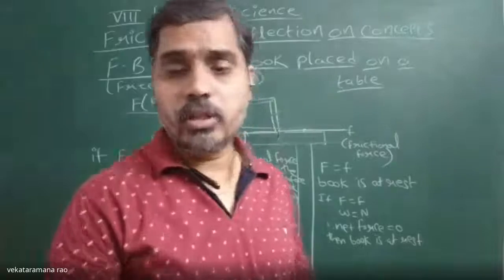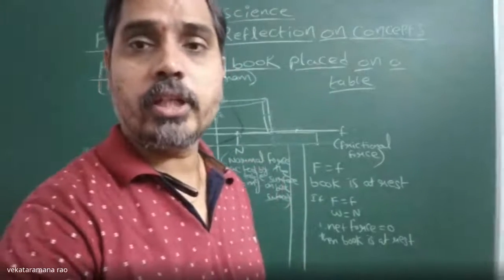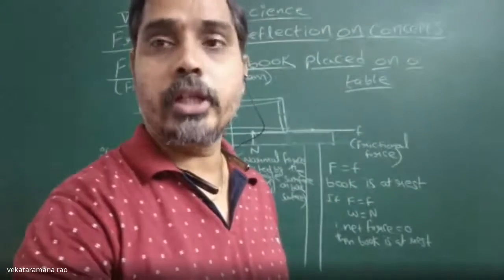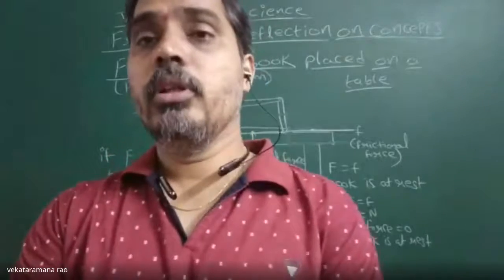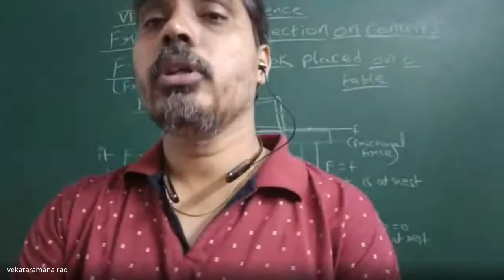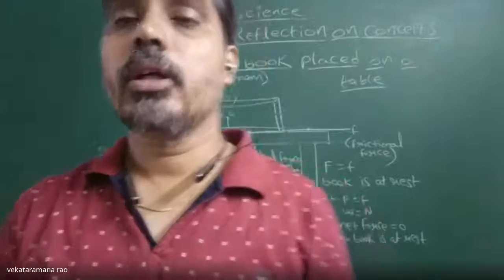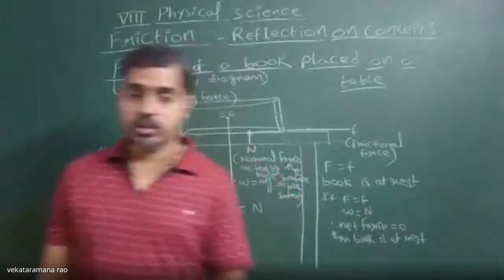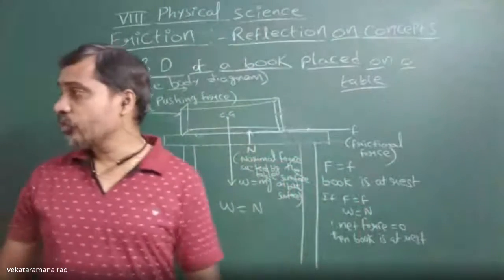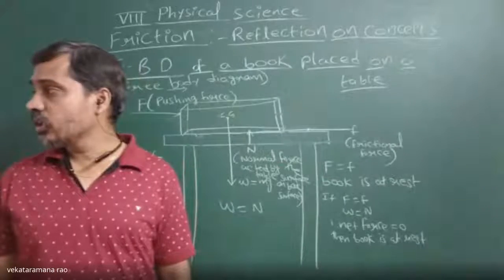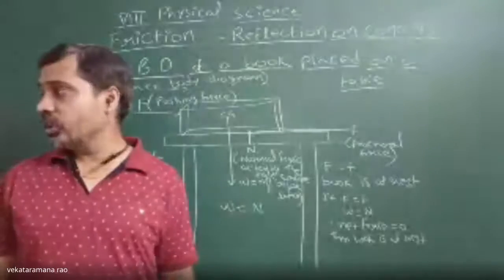In that way, we discussed the FBD, the free body diagram, which represents a book on a table surface and the forces acting on it. All that we discussed here.